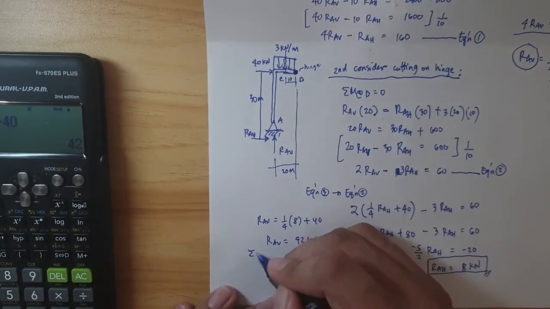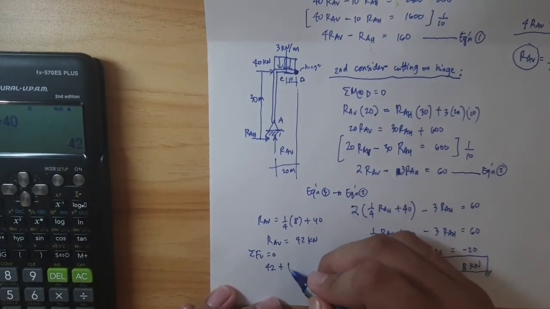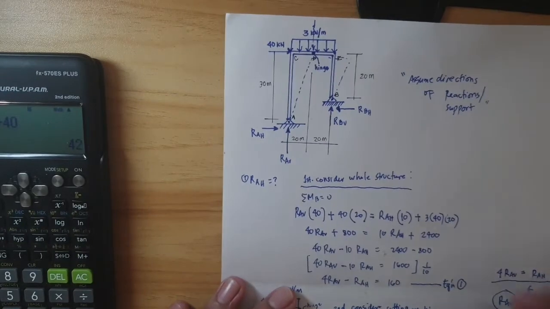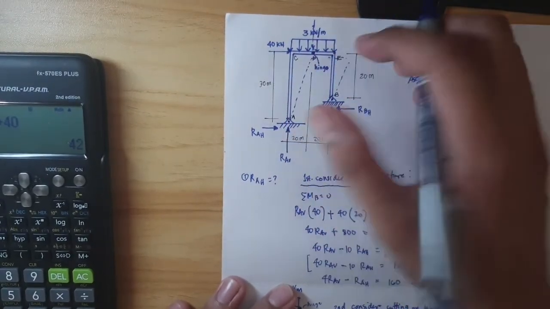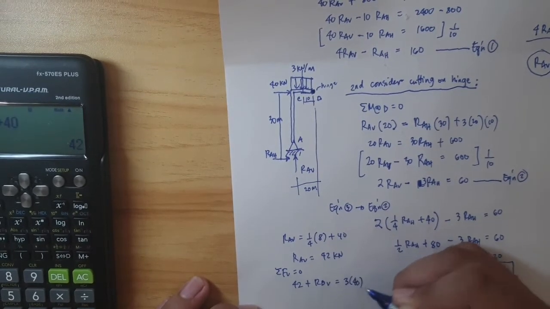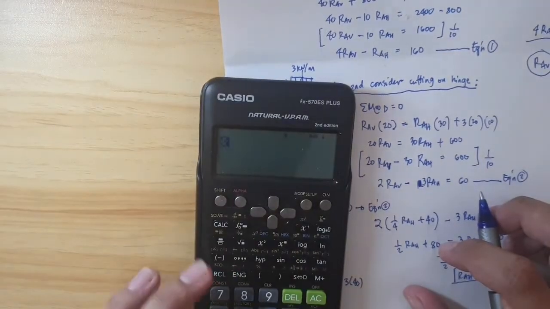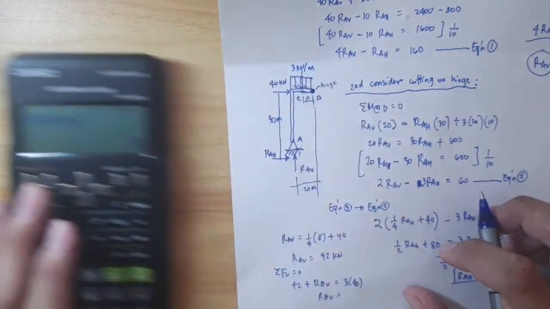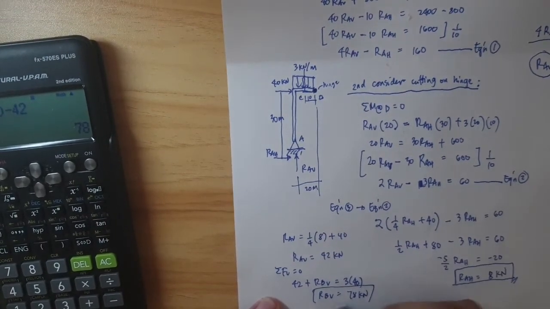Summation forces vertical equal to 0. 42 plus RB vertical is equal to 3 times 40. 3 times 40, no. Okay, so we have the value RB vertical 3 minus 42, we have 78. So that is our answer for number 2.